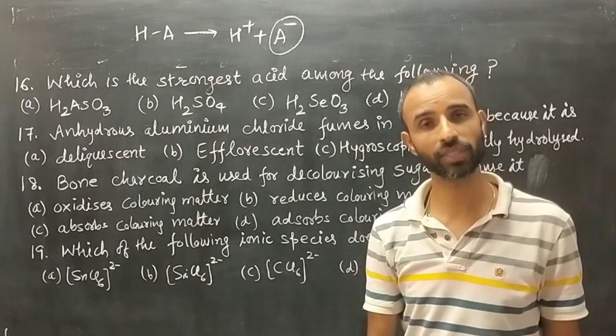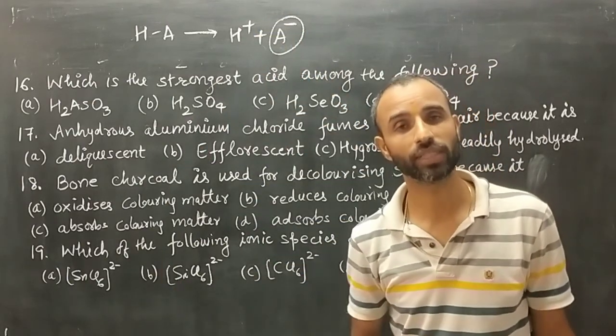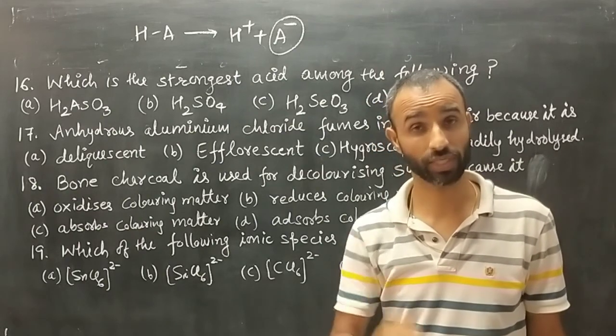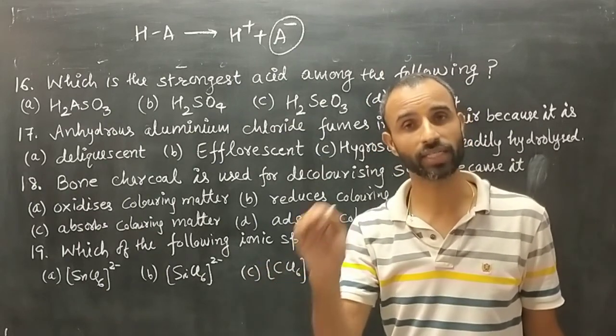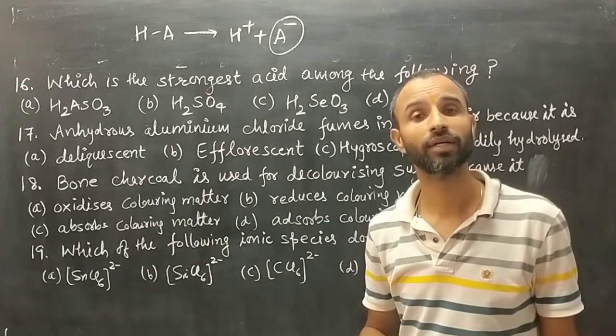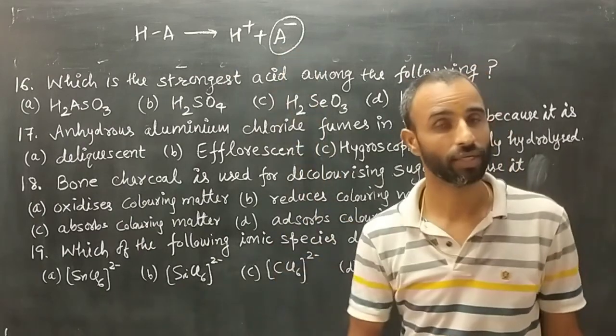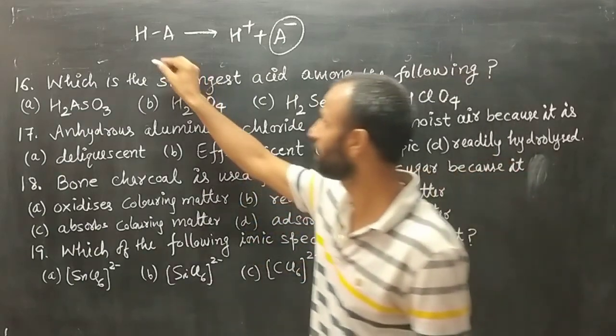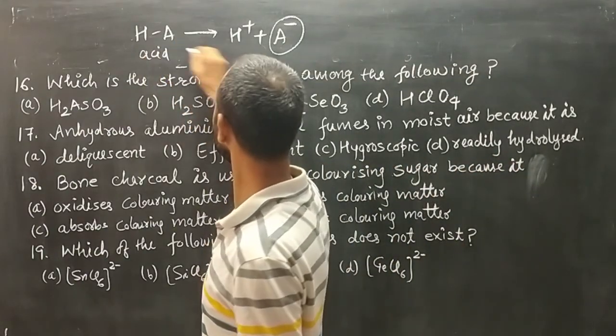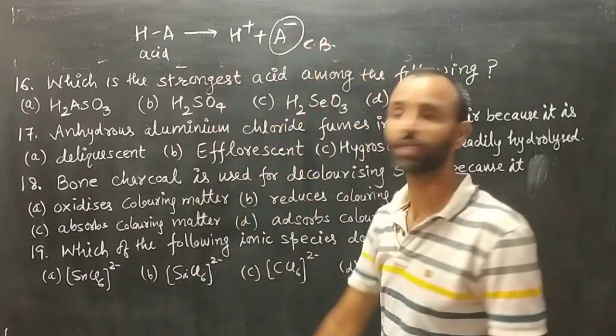The more stable the anion formed, the stronger the acid. Or we can say conjugate base. This is the acid, and this is its conjugate base, right?